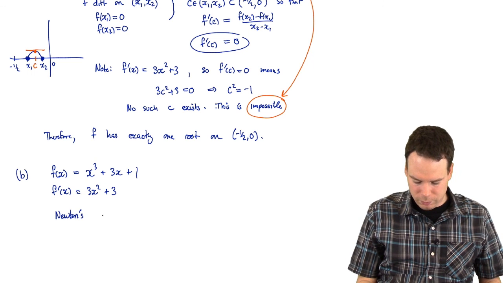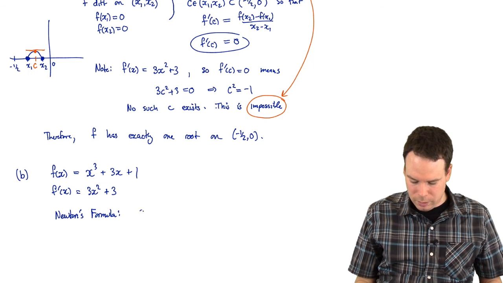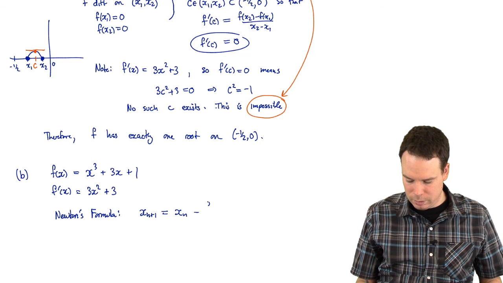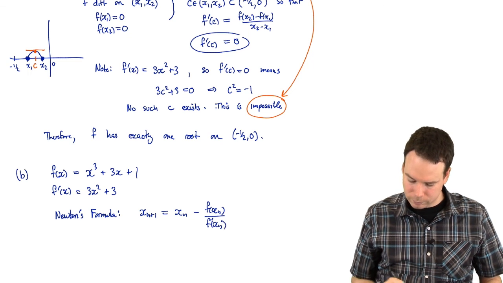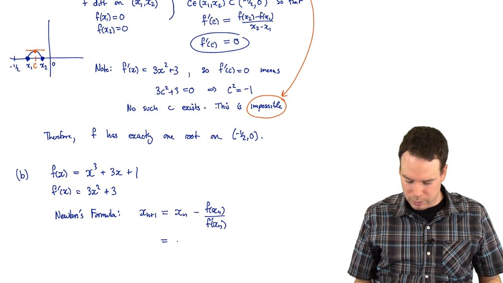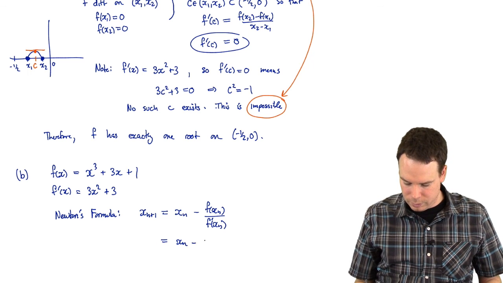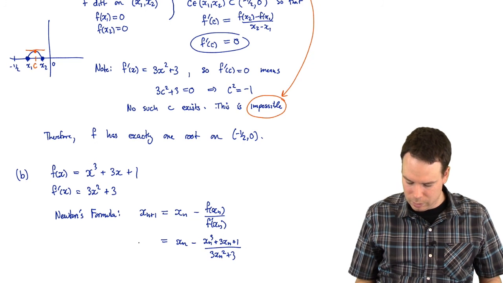Our Newton's iterative formula is going to be x_{n+1} is equal to x_n minus f of x_n all over f prime of x_n. And so in this case, it's x_n minus (x_n cubed plus 3x_n plus 1) all over (3x_n squared plus 3). So that's our Newton's iterative formula.